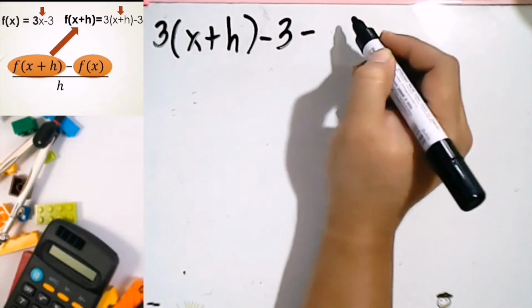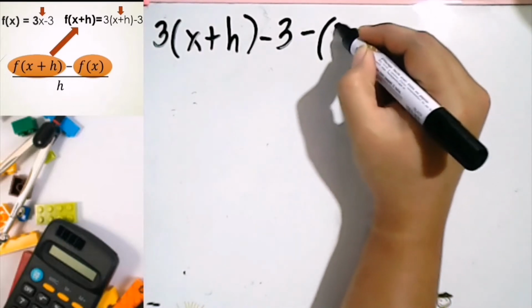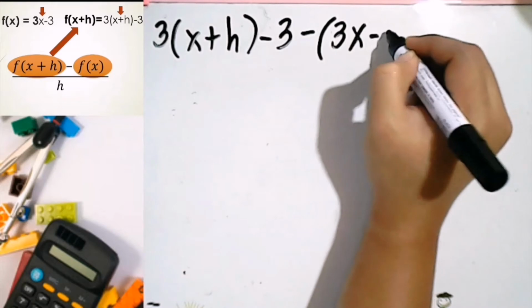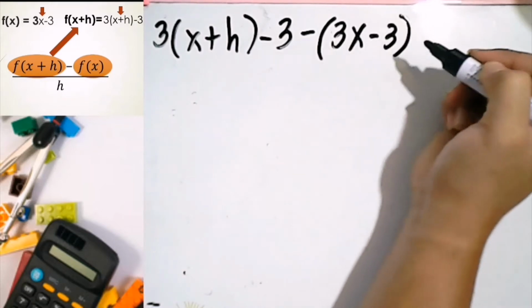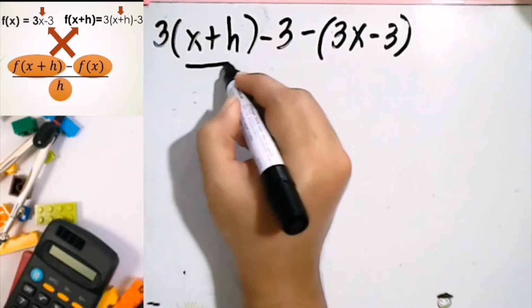So again, don't forget to put open and close parentheses: 3x minus 3, and then all over h.